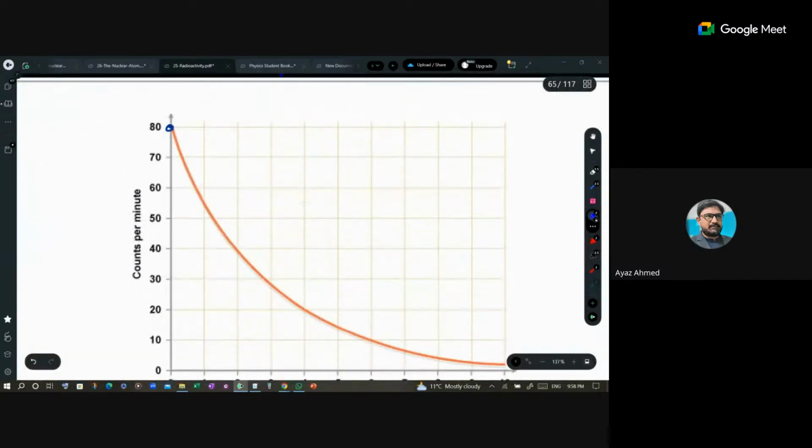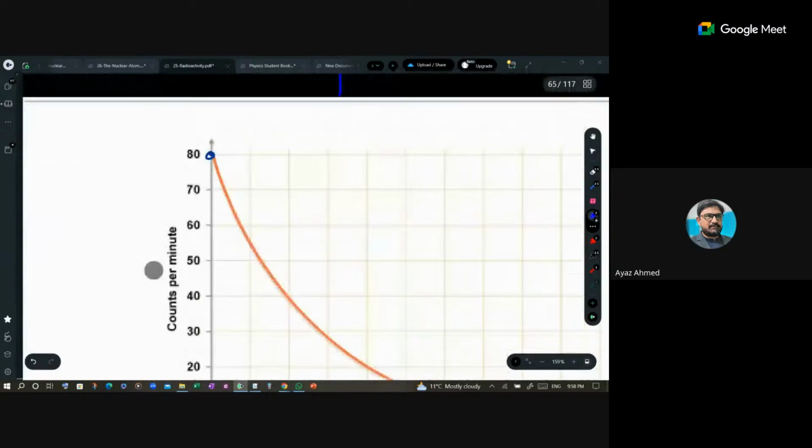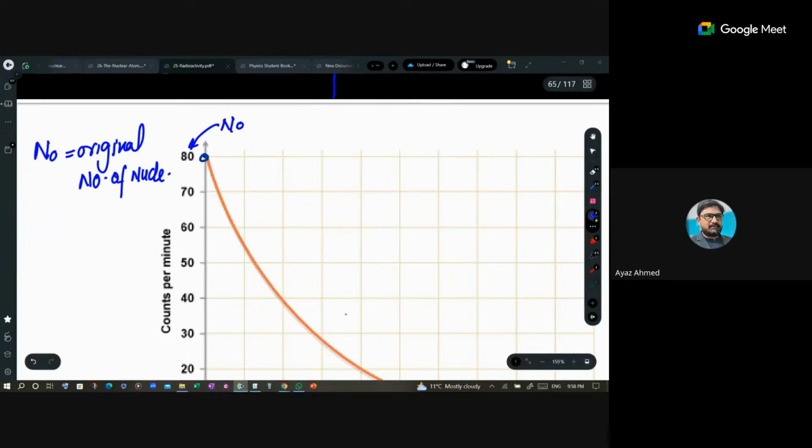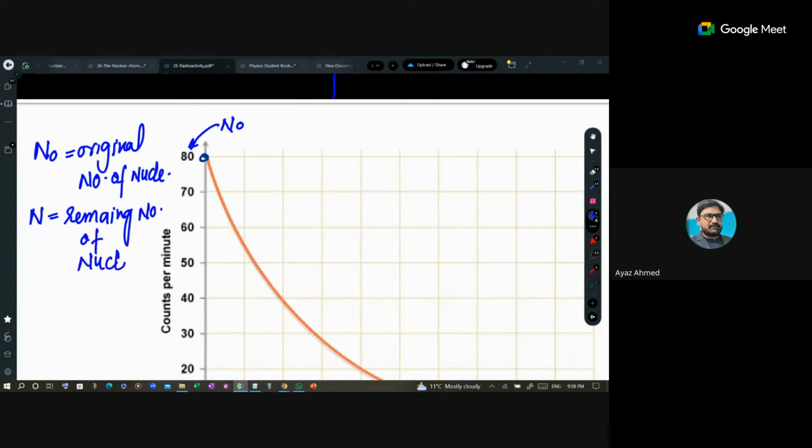Now, if I have an equation for you, for example, n naught is the original number of nuclei. So here, what is n naught? Which is your 80. Then n is the remaining number of nuclei.